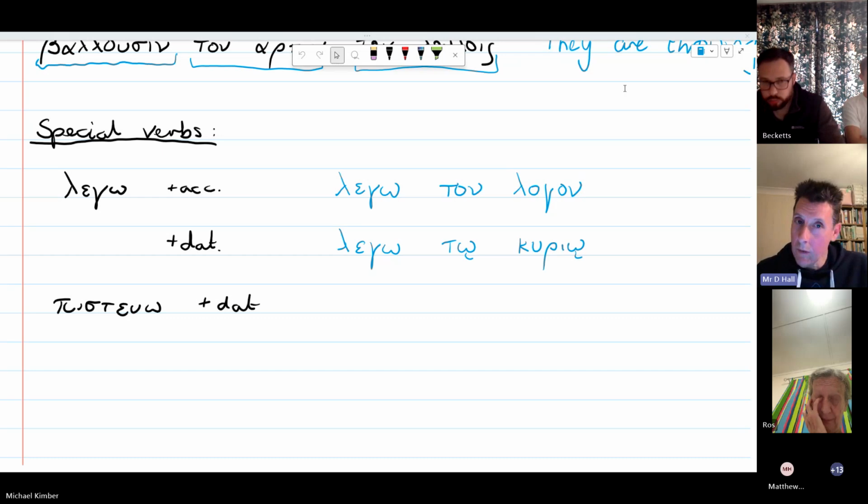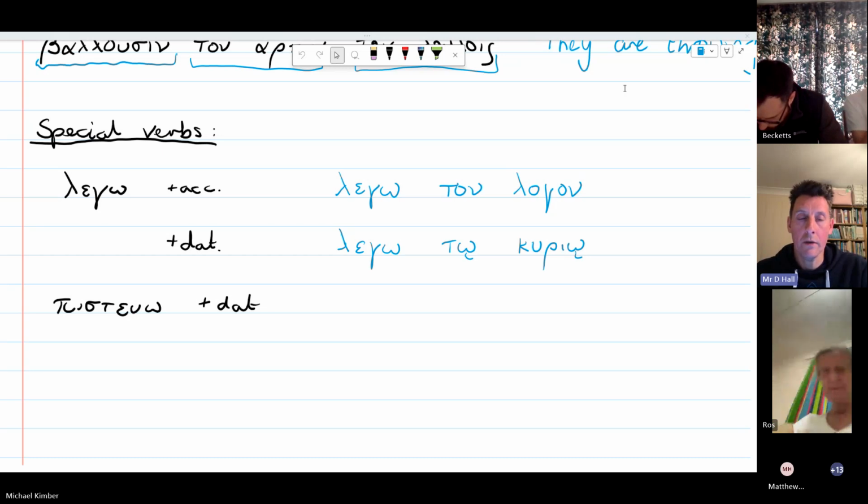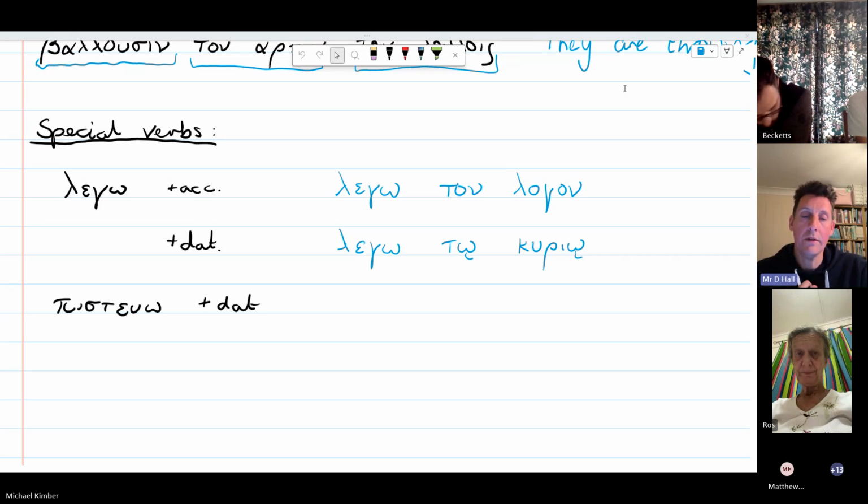And then one verb which will come up in the next set of vocab that you need to learn is pistiu. And pistiu is the verb to believe. So this is to believe, and it always takes the dative, so it doesn't take the accusative at all. This will become clearer when we look at some of the prepositions. You believe in something, and one aspect of the dative is this idea of in something as well.